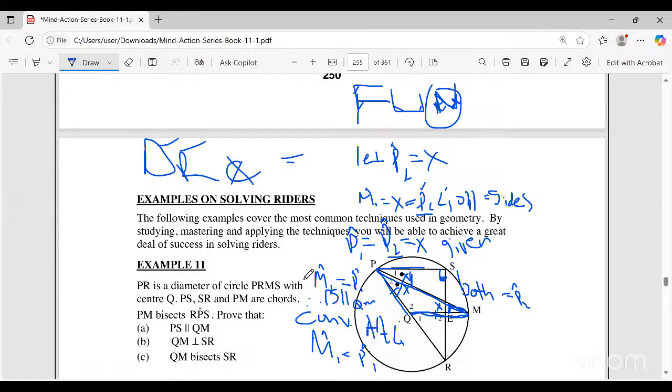I'm saying that is a converse because let's say you were given that line PS is parallel to the line QM. If you were given that this line is parallel to this one, and then maybe you are given this angle that is X. What was going to be the size of this angle here?